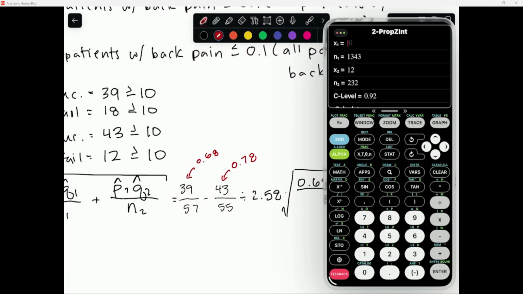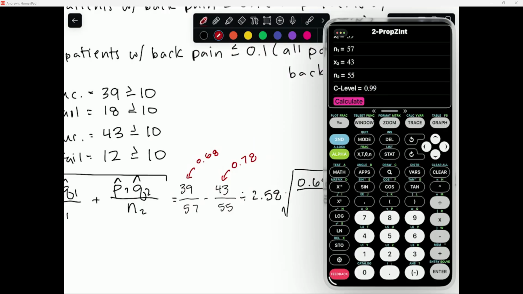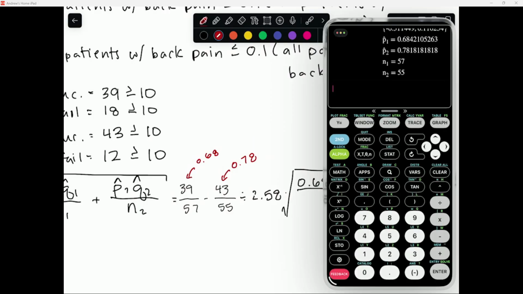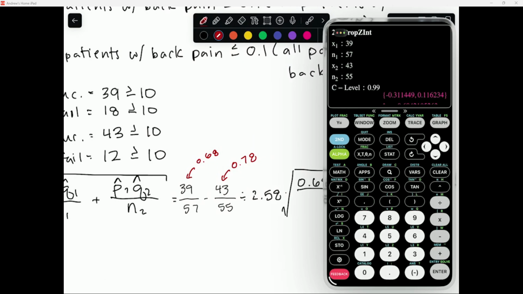So we had 39 successes out of 57 for our first sample. We had 43 successes out of 55 for our second sample. We had a 99% confidence interval, and we calculate. And my calculator is spitting out negative 0.311 to positive 0.116.